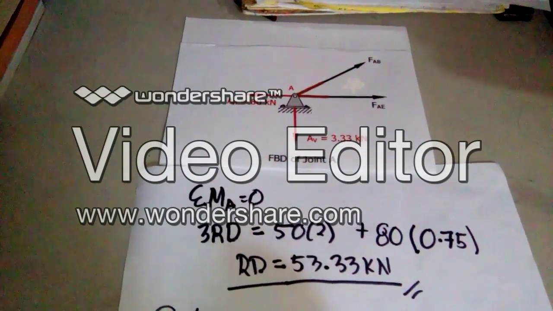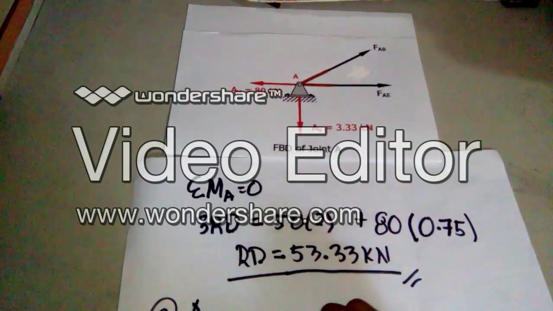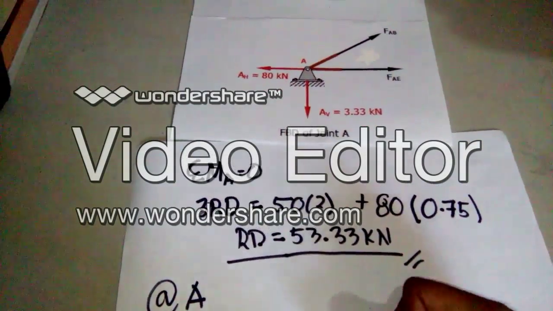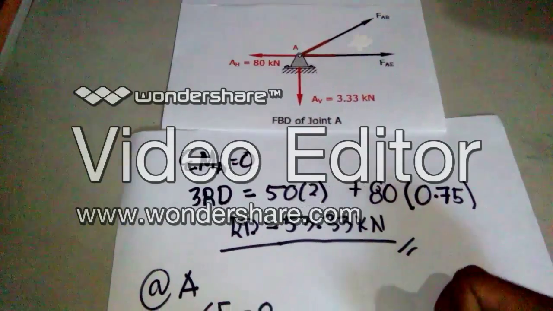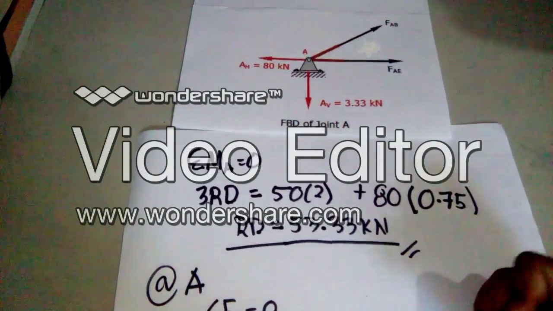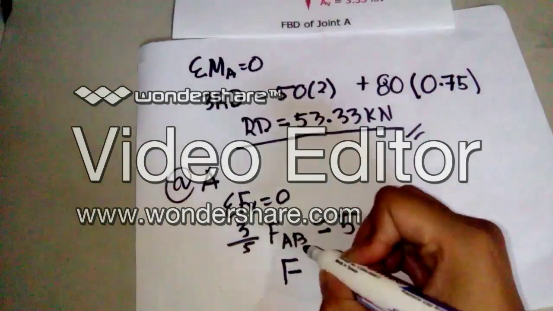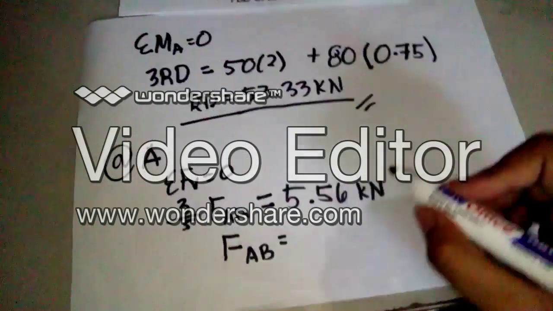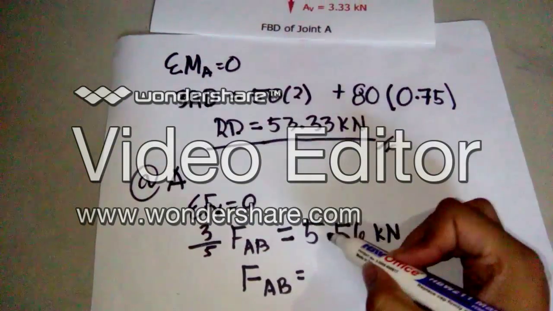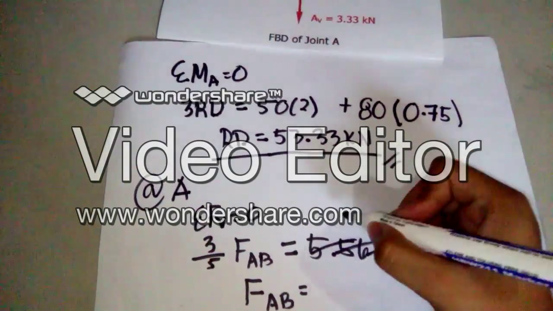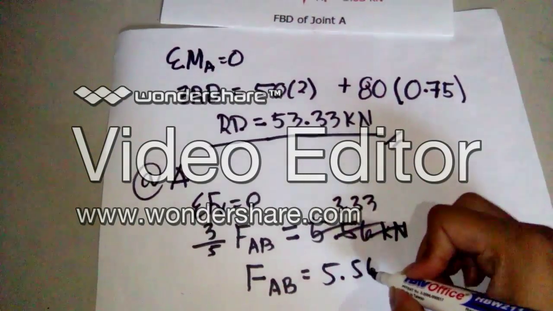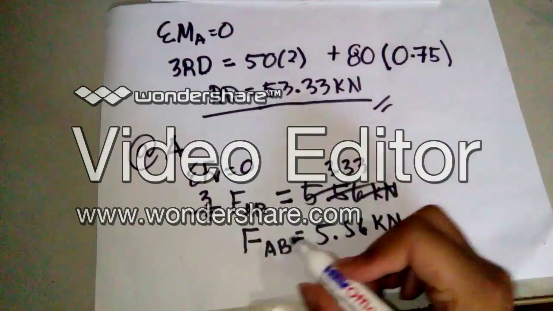So 3/5 of force AB is equal to 3.33. So the final answer, we have 5.56 kilonewton tension for force AB.